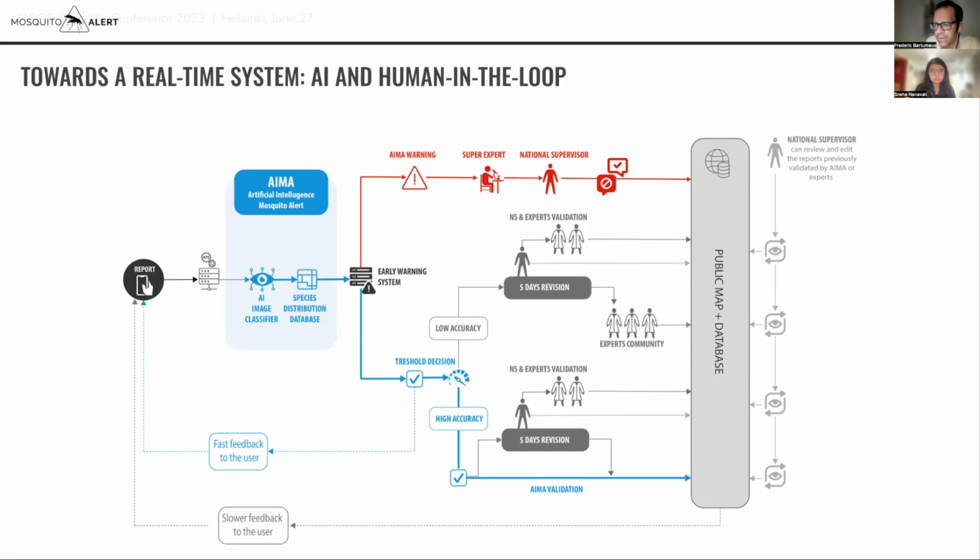So we were, of course, in need of introducing artificial intelligence, because aside from having the human expert side, we need machines that are faster, and we need to train these machines to provide classification as fast as possible, which can then also be validated by experts.